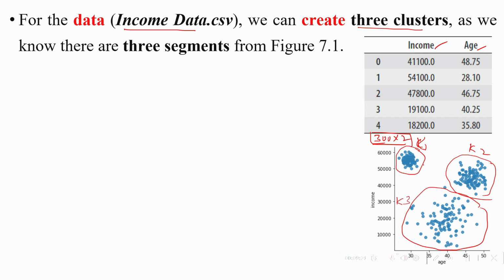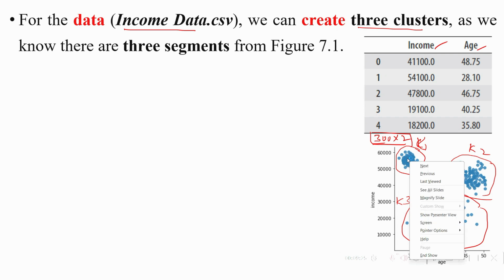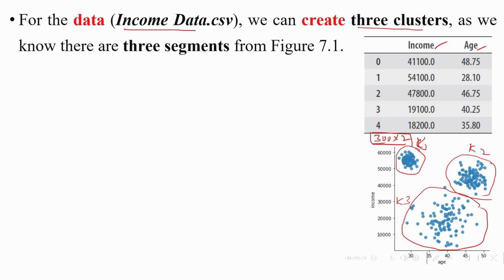Now initially what happens? One element in each corresponding cluster becomes the initial centroid. This is one centroid for cluster K1, this is the centroid for cluster 2, and this is the center for cluster 3. Like that, we assign them. This is the first iteration.